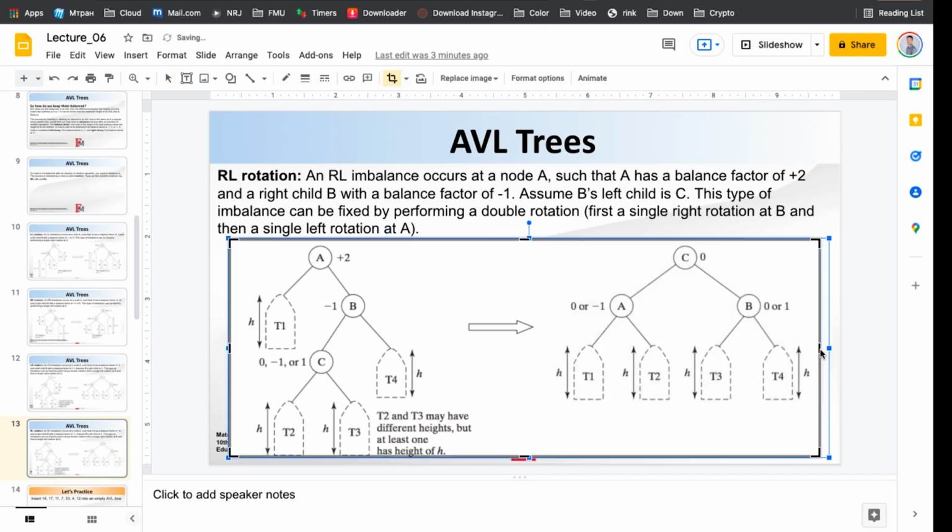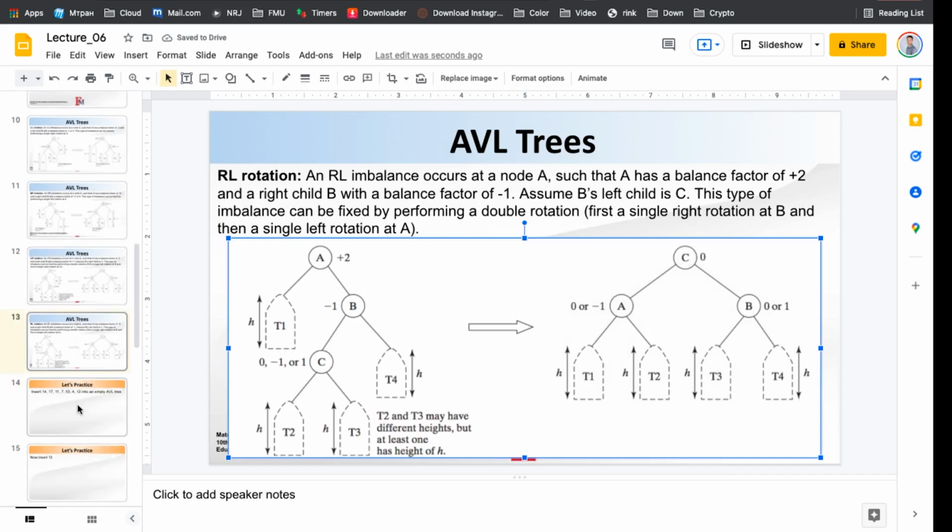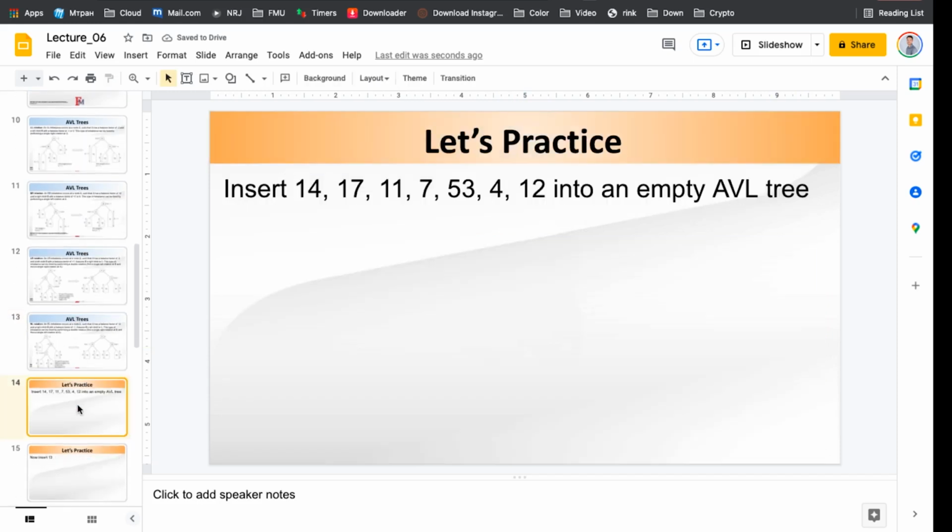Okay, so moving on, let's do a very quick exercise. Please pause the video and insert into a completely blank binary tree 14, 17, 11, 7, 53, 4, and 12. We're talking about a binary search tree.